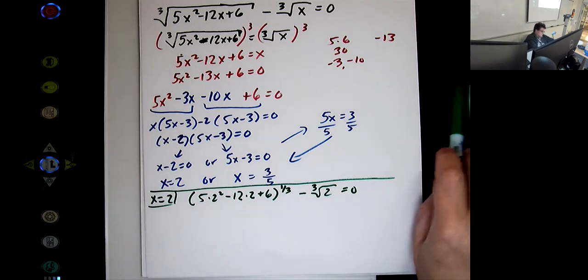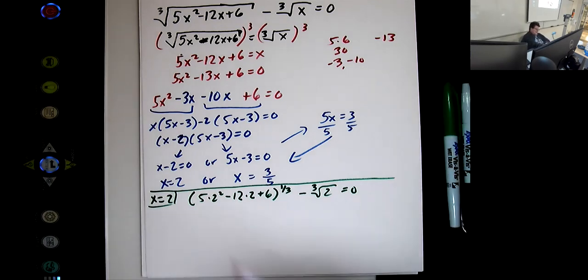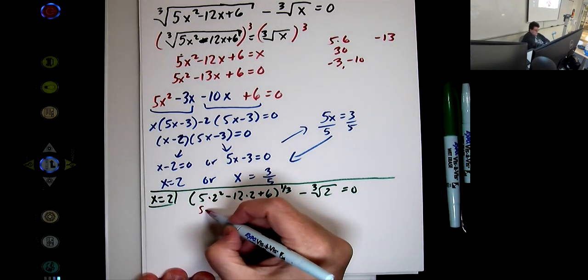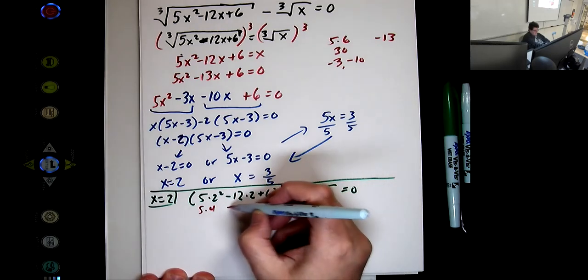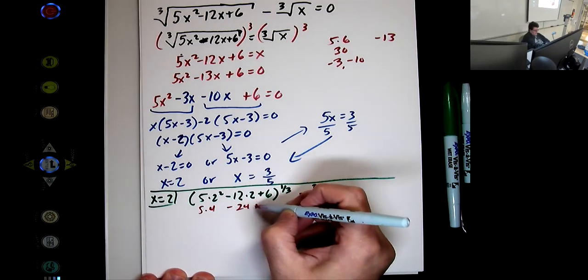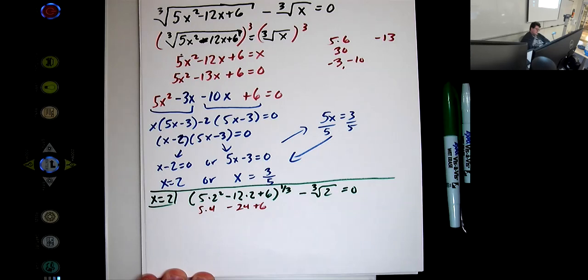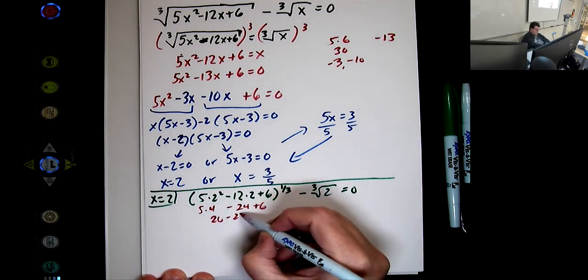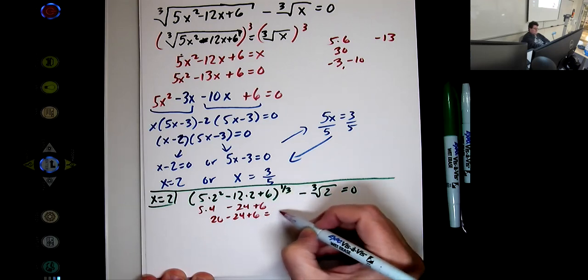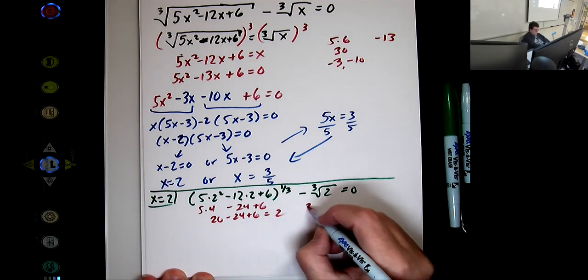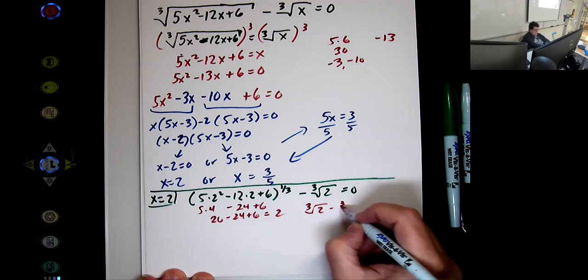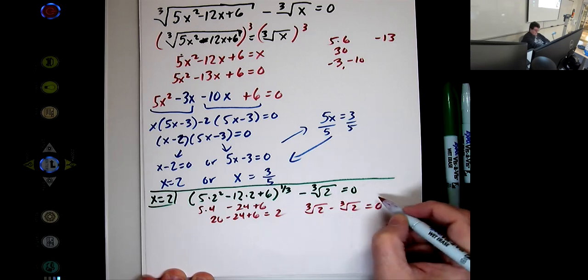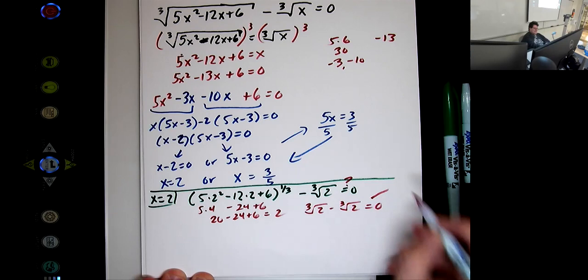So what does it equal? I've got 5 times 4 minus 24 plus 6. I've got 20 minus 24 plus 6 is 2. I've got the cube root of 2 minus the cube root of 2. That does equal 0.